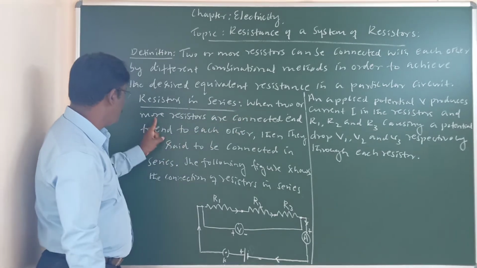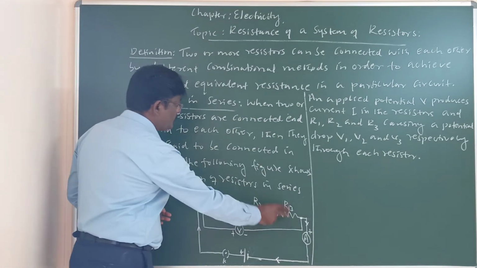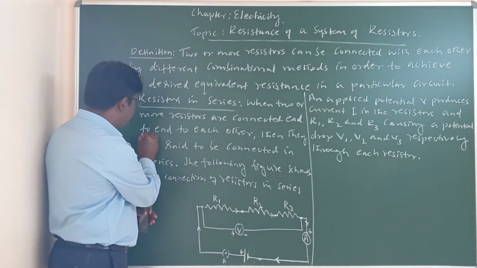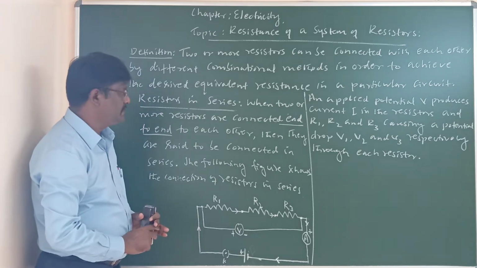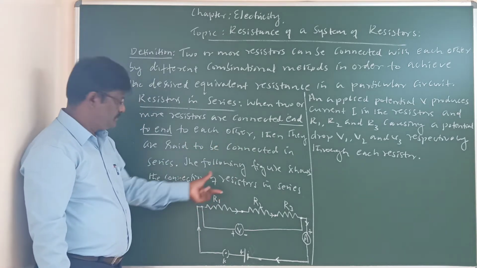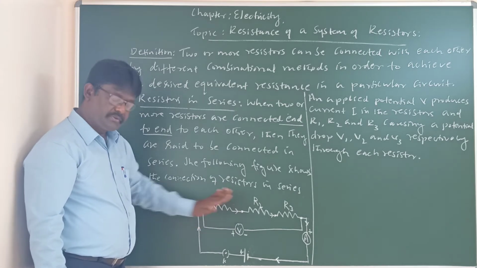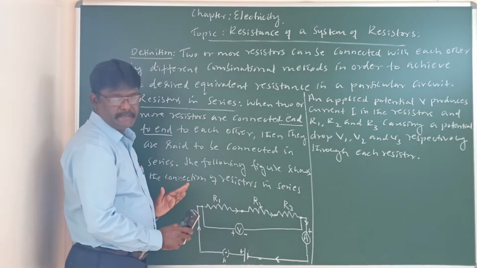Look at children now. When two or more resistors are connected end to end, that is the key point, end to end to each other, then we say they are connected in series. This figure depicts the complete connection. Okay, now look at this circuit diagram.